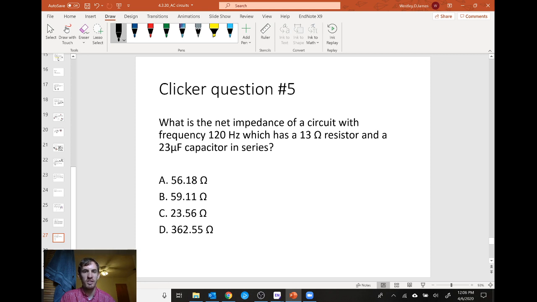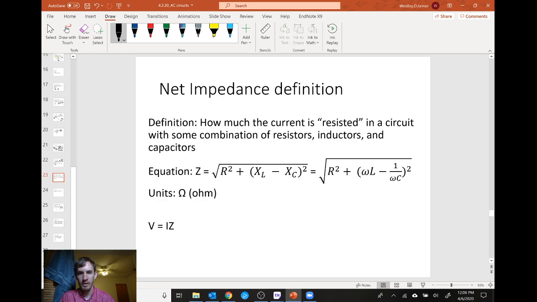So this circuit does not have an inductor, so no inductor, so XL equals 0. If you had no capacitor, the capacitive reactance would be 0. Okay? So if you don't have an element in a circuit, if you don't have a resistor, or you don't have an inductor, or you don't have a capacitor, whatever that element would be would just go to 0. No resistor, this goes to 0. No inductor, this goes to 0. No capacitor, this goes to 0.